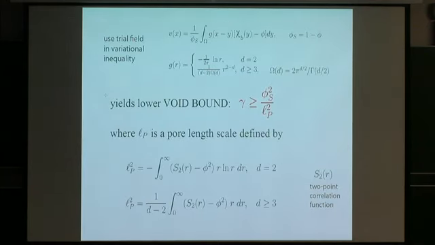And so this is the kind of trial field that's used, because you want to satisfy the Poisson equation. So you have basically the free space Green's function for the Laplacian. And essentially there's a lot of work that goes into this, but then you get this rigorous lower bound on the trapping constant involving the solid phase, that's 1 minus the brine volume fraction, divided by this length scale, which involves the 2-point correlation function of the pore structure.